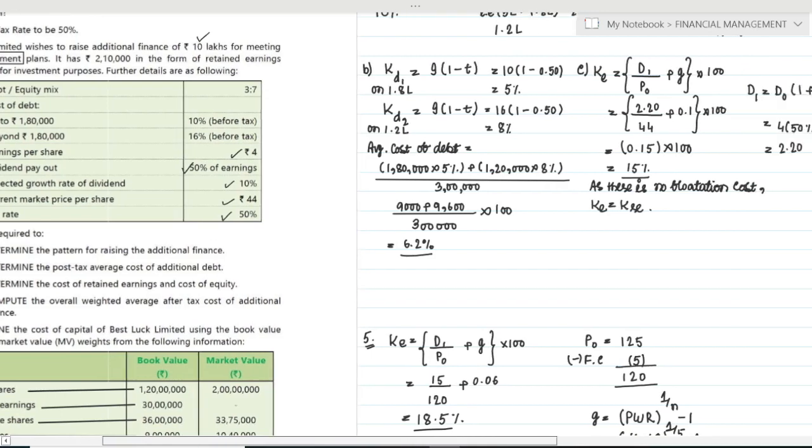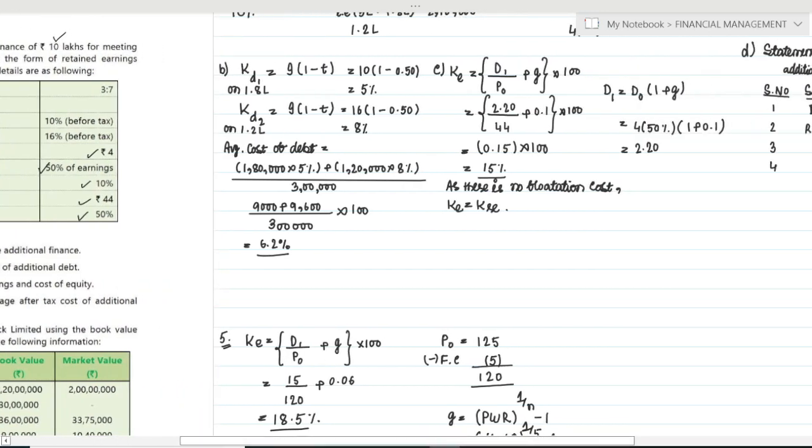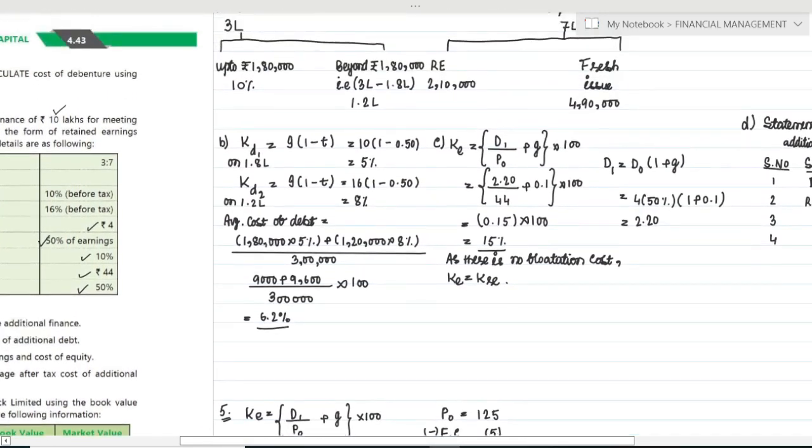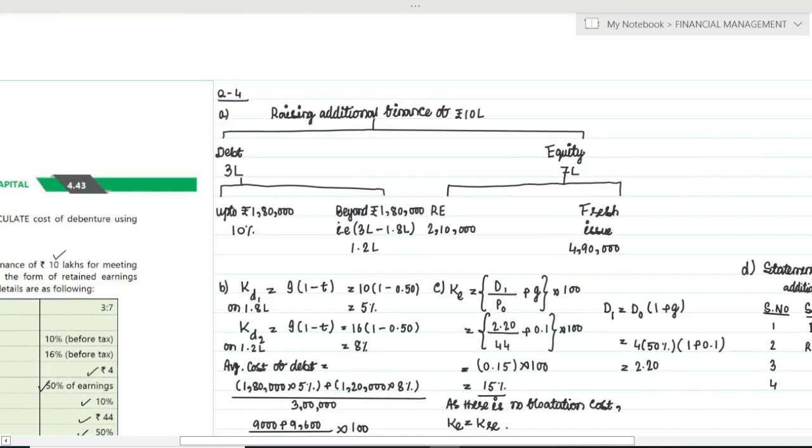So I have solved this question here. First, we need to find the pattern of financing. So there is a requirement of 10 lakh. So first 3 lakh we will bring by using debt.